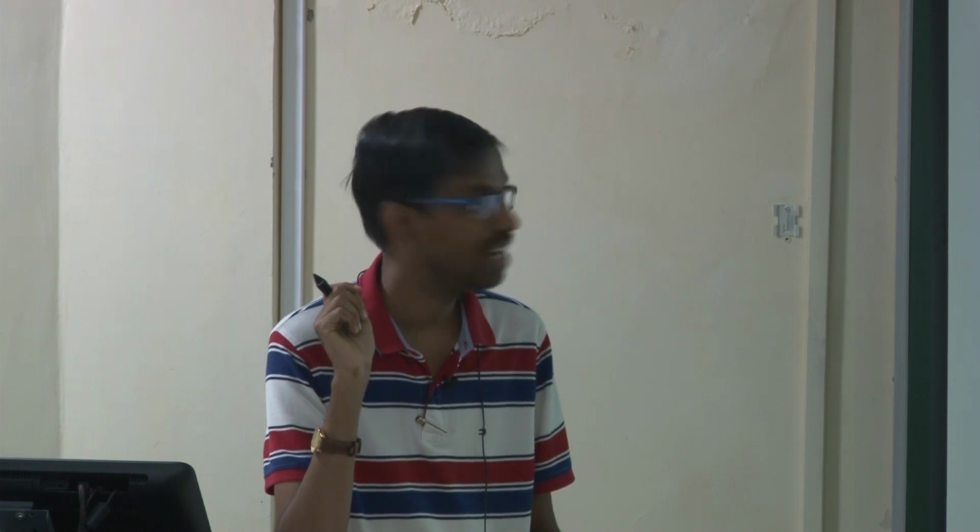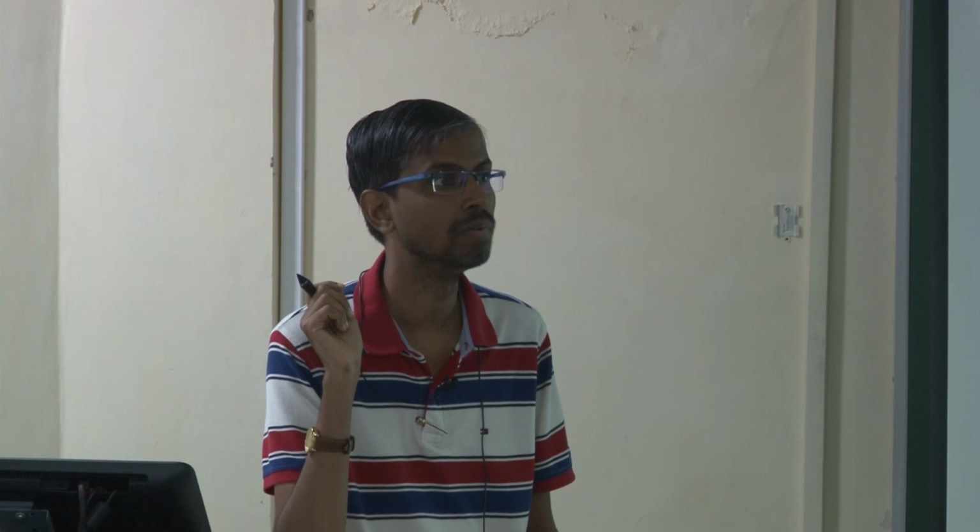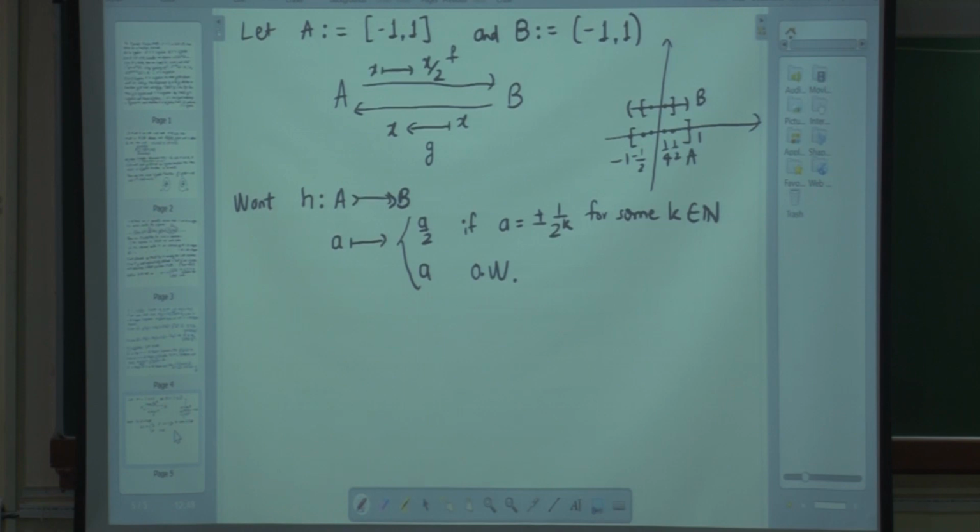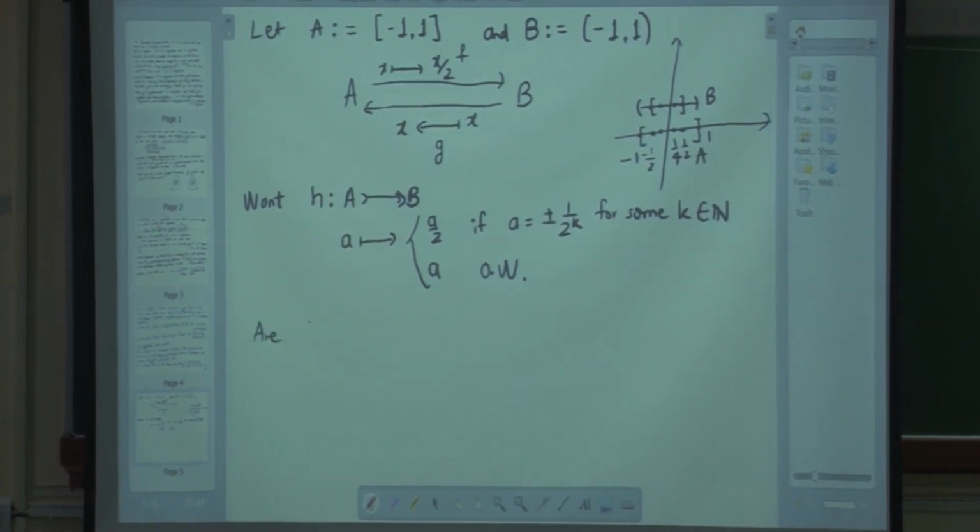Any questions about this? Okay, in that case, let me just pose this question to you. Are the interval [0,1] and the square [0,1] cross [0,1] in bijection with each other?